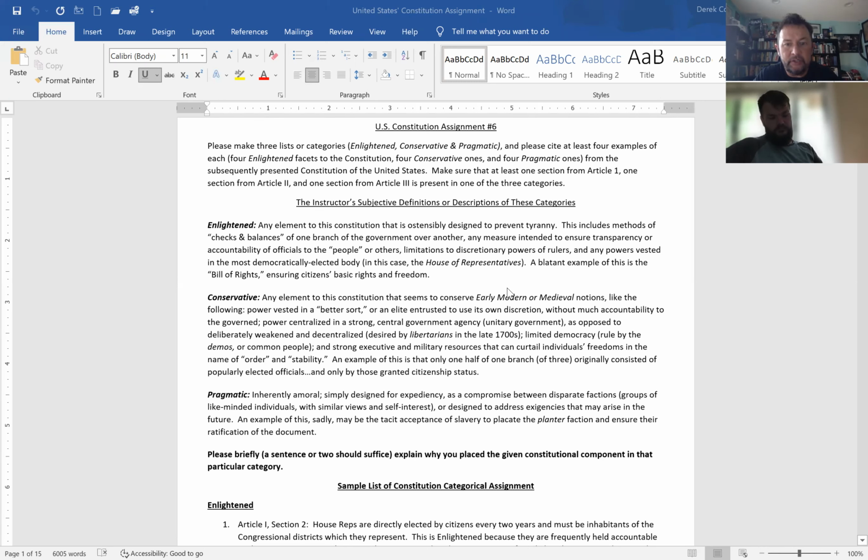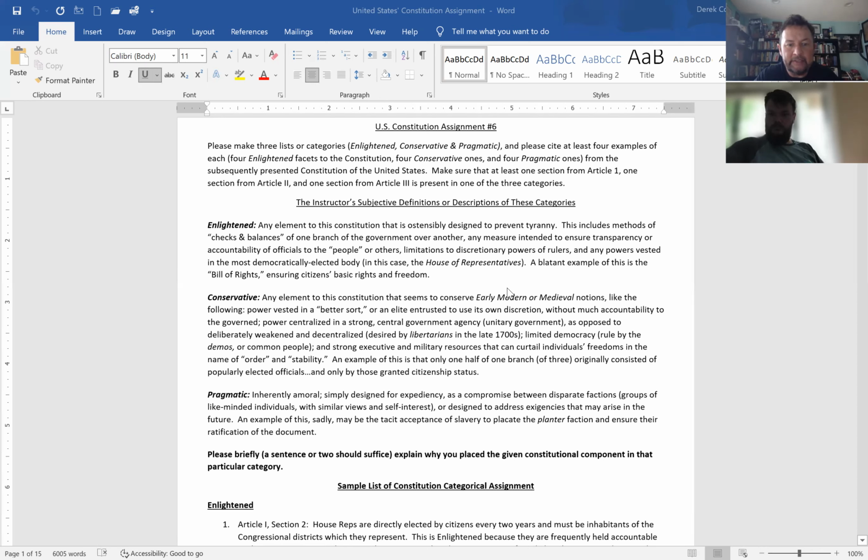Limited democracy, ruled by the demos or the common people, a strong executive or military resources that can curtail or cut short individual freedoms in the name of order and stability. An example of this is that only 1/2 of one branch of the 3 originally consisted of popularly elected officials, and only by those granted citizenship status. All right. So that is what I term as conservative.